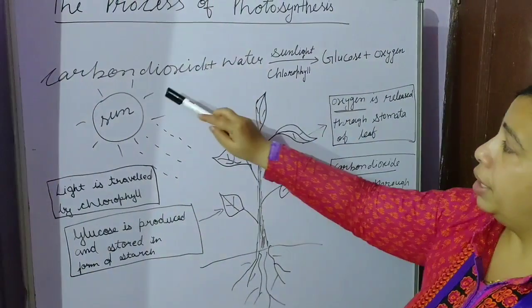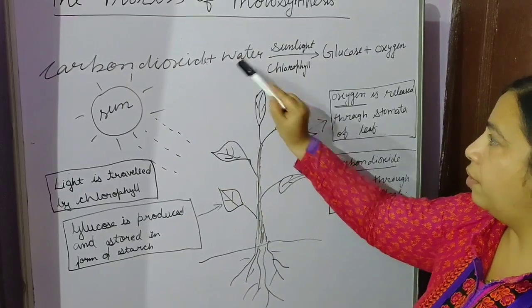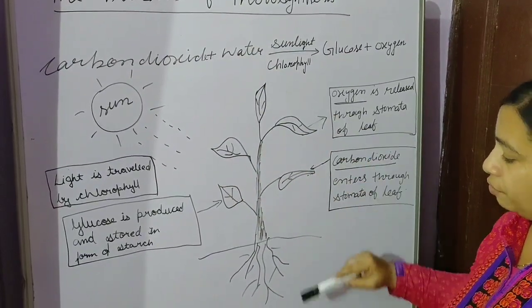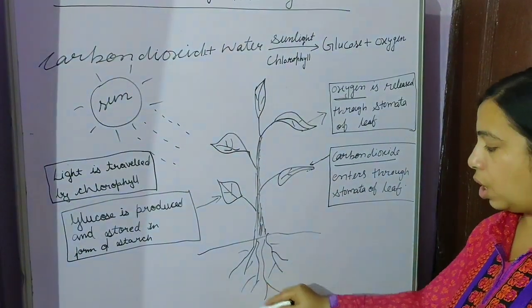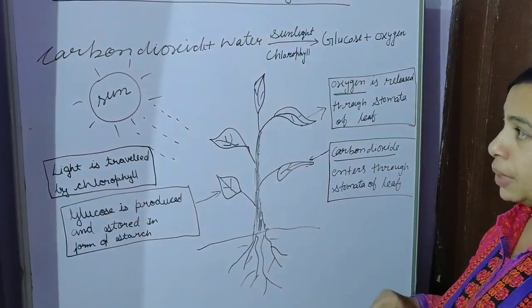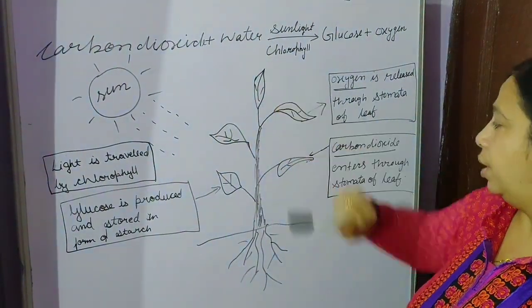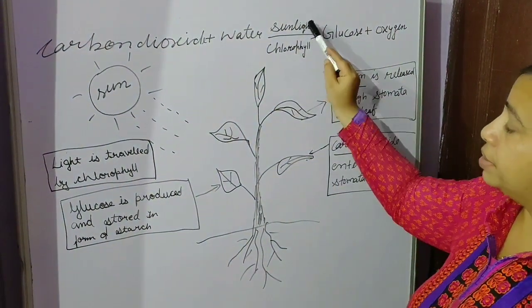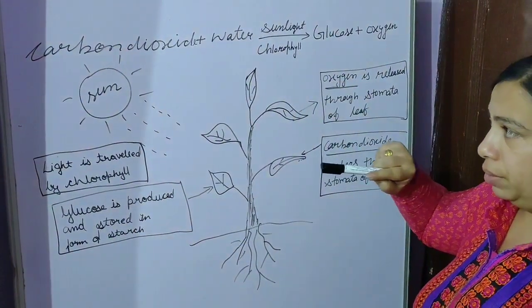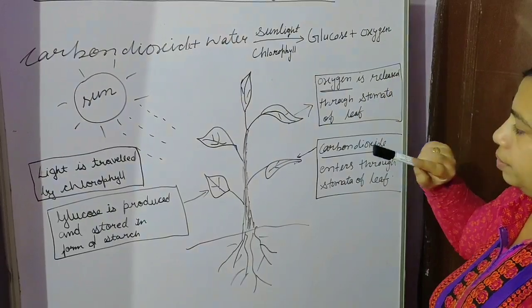After carbon dioxide and sunlight, water is left. That water will be fetched from the soil by the roots of the plant. These are the raw materials: carbon dioxide and water, in the presence of sunlight and chlorophyll, that will convert into glucose and oxygen.